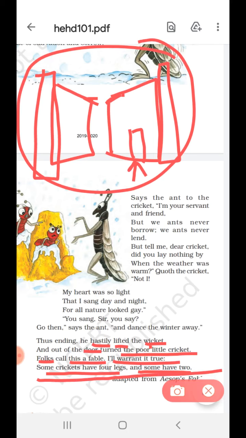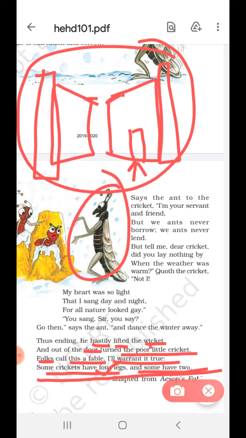This means the 4-legged cricket is this cricket, and the 2-legged cricket means the poet refers to human beings. He refers to the cricket in the poem as the 4-legged cricket and humans as 2-legged crickets.